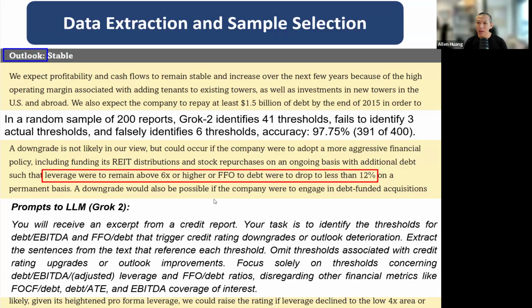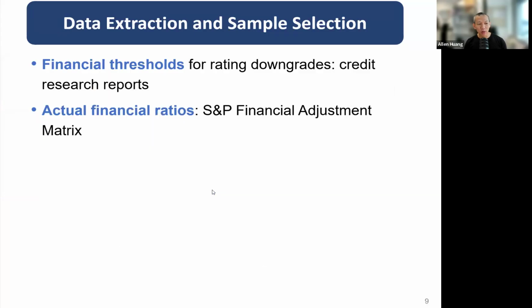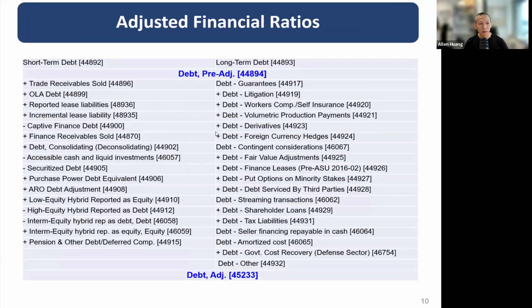Now, other than the financial thresholds, we also have the actual financial ratios that S&P uses. S&P makes a number of adjustments to the ratios before they compare and analyze the ratios. I'm going to give you a few examples of the ratios here.